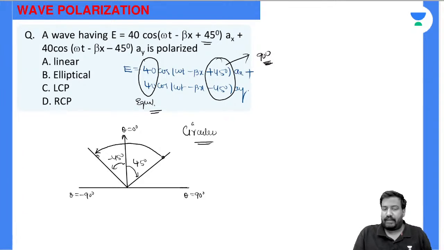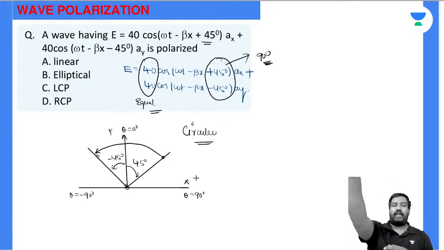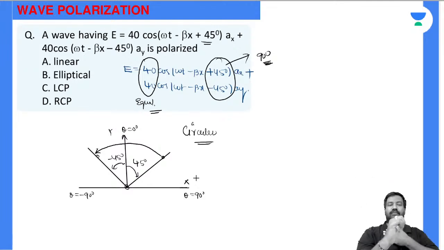See how to identify. Listen everyone. I'll tell you. See, this is X. This is Y. And towards you is Z. Towards you, you should keep your thumb finger. Keep your thumb finger like this towards you.